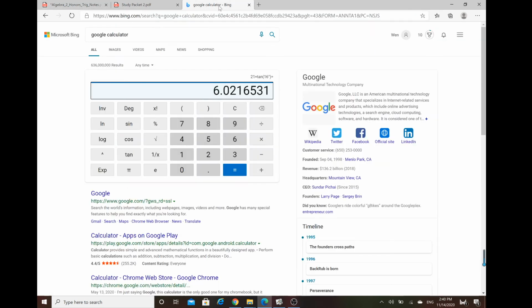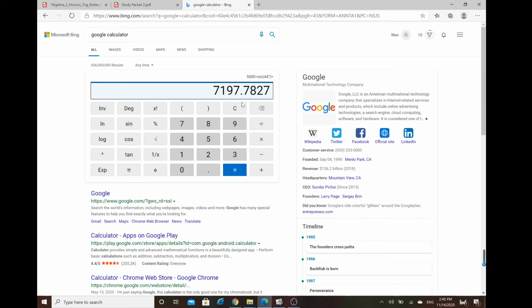So 5,000 divided by sine of 44 degrees. Okay, so that would be about 7,198.